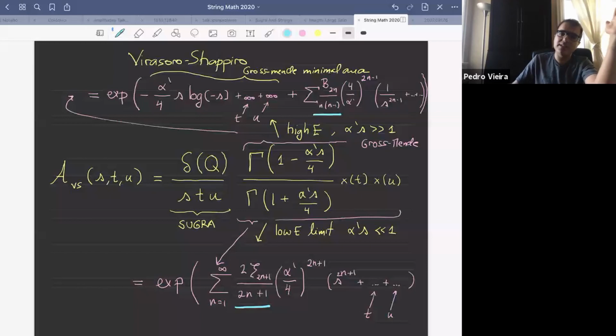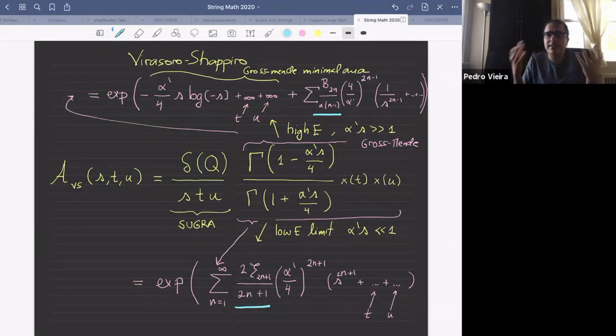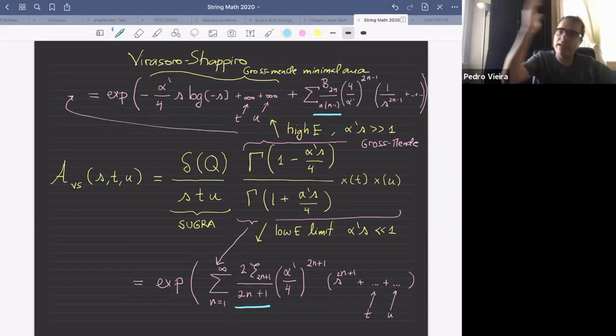And that integral representation, if you close the contour to one side, picking all singularities, you get one expansion. You close it to the other side, you get the other expansion. And because the integrand is the same, the two sides will be analytic continuations of each other.